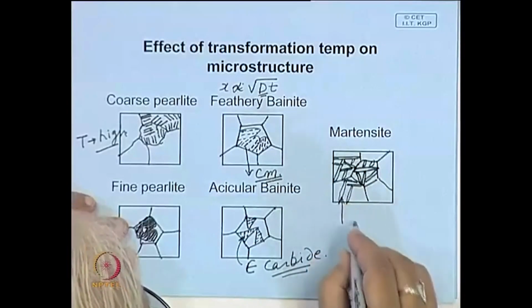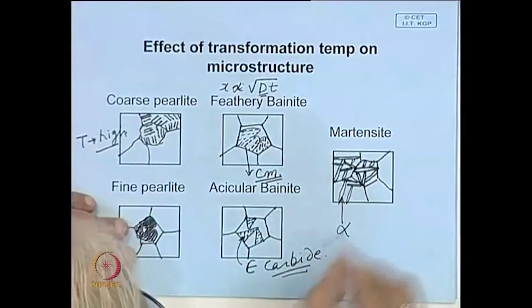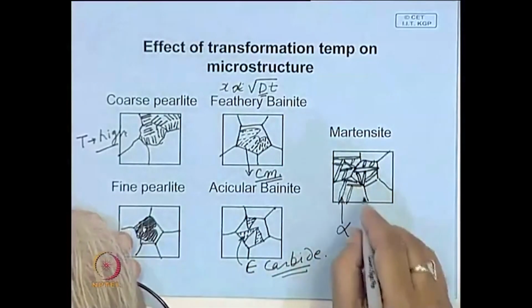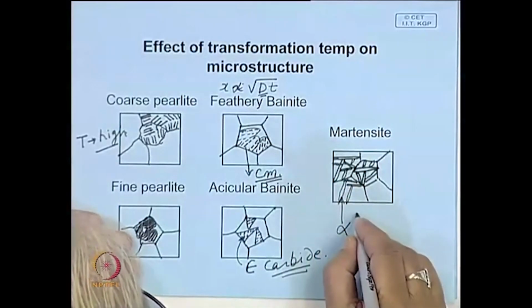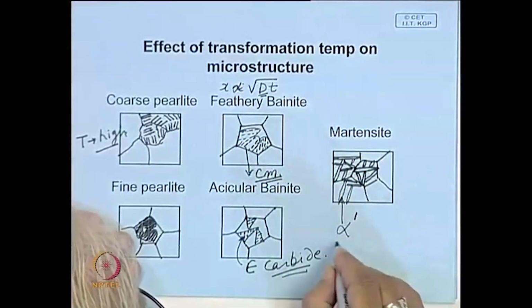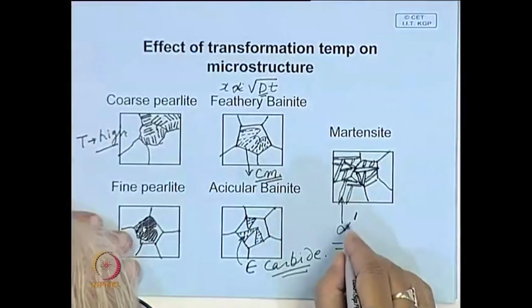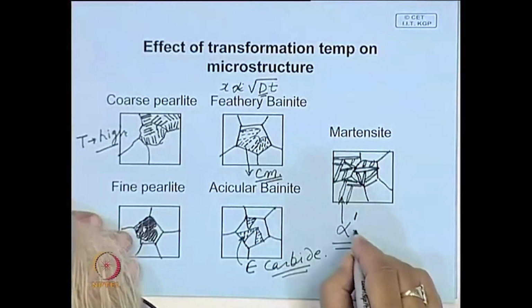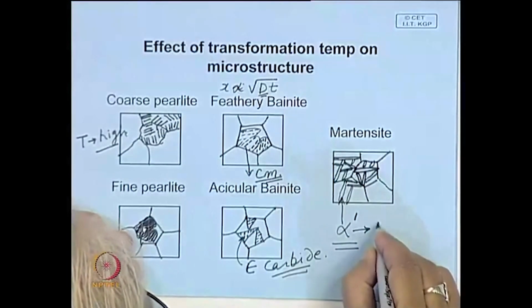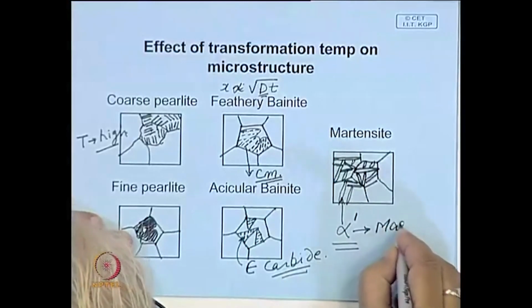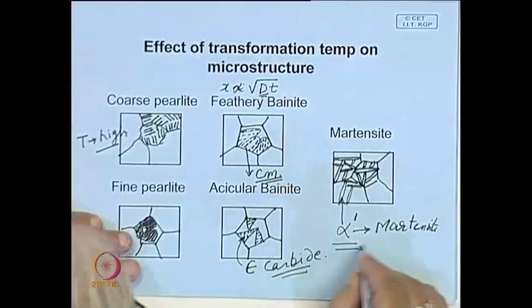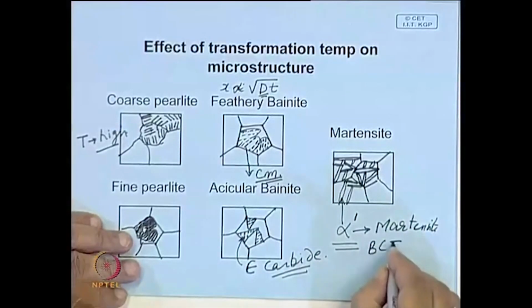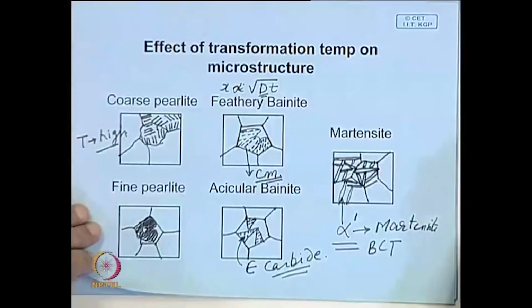These are called needle-like, and they are all BCT structure, each with its own character, a different orientation, and we name it alpha prime. This is called martensite, and it has a body centered tetragonal structure.